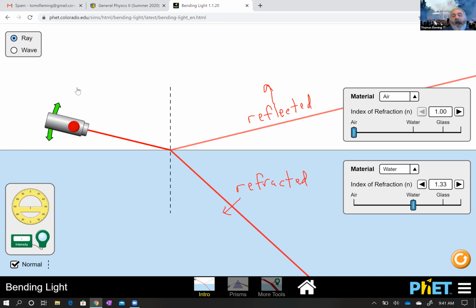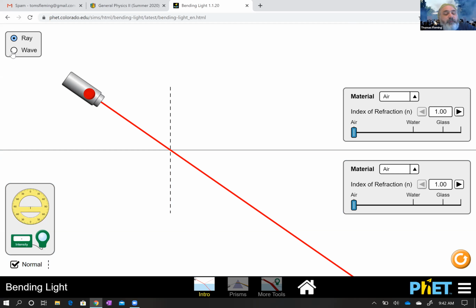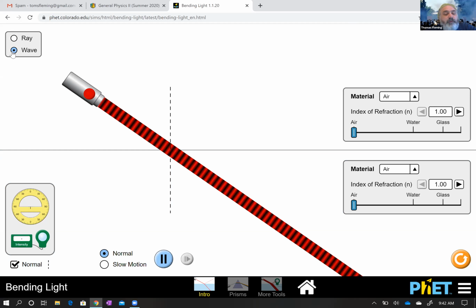So let's center in on this refracted part and try to make sense of this property of refraction, which happens basically all the time. To make sense of this, it helps if I go back and look at it from the perspective of the wave point of view.